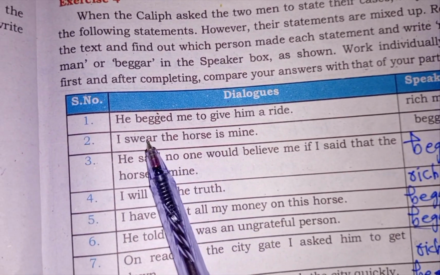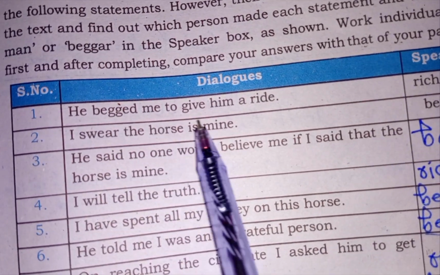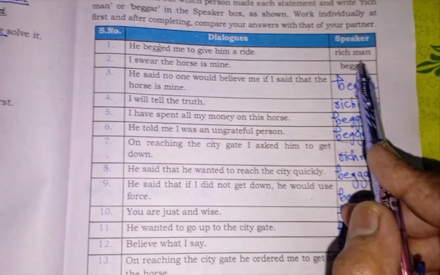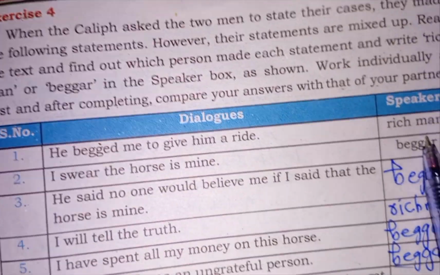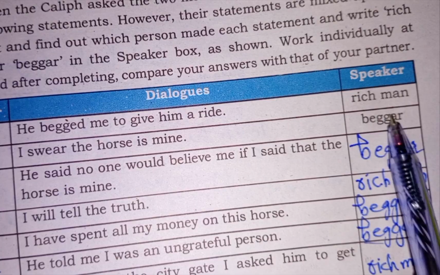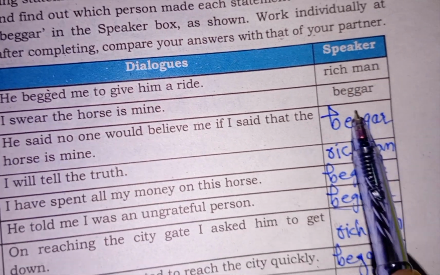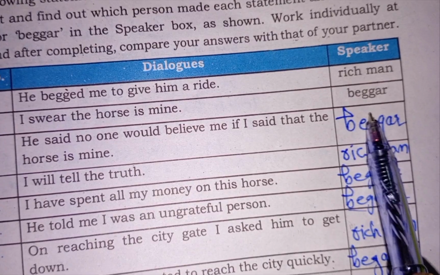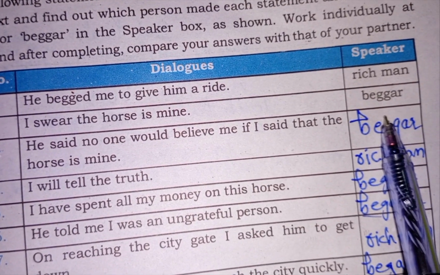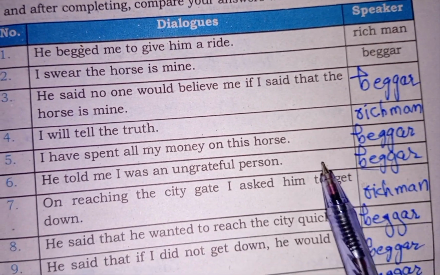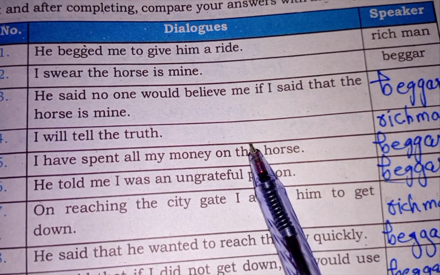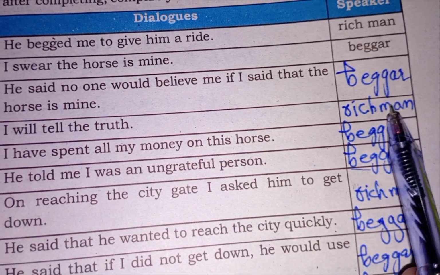So here in the first one, "He begged me to give him a ride": the rich man is there. "I swear the horse is mine": beggar. "No one would believe me if I said that the horse is mine": beggar. "I will tell the truth": rich man. This line has been spoken by the rich man.